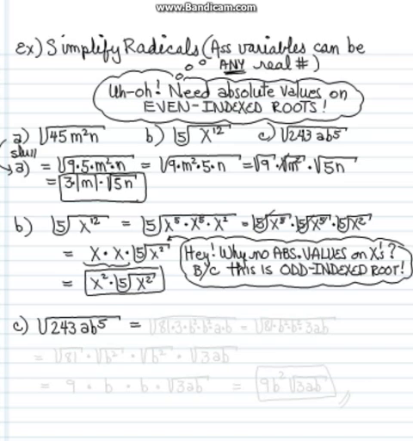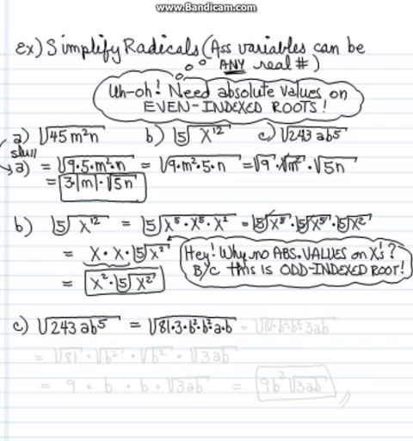You know, 243 is 81 times 3, and 81 is a perfect square. And then b to the fifth can be written as b to the second times b to the second times b. We'll put that b in the back, and don't forget the a. So I moved the b in the back because I have this tendency to put things in alphabetical order. Something I should probably get over, but anyway.